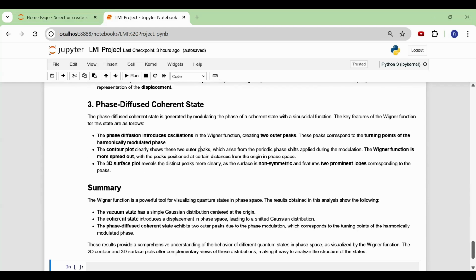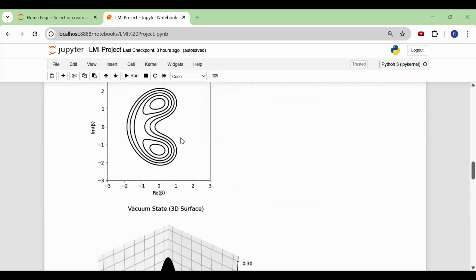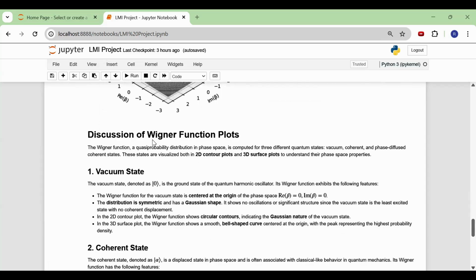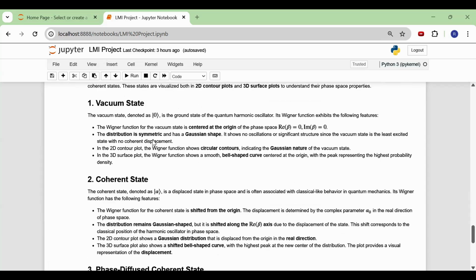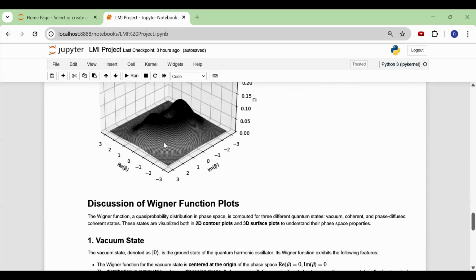The contour plot clearly shows two other peaks. You can see in 3D there are also two peaks, and these two peaks correspond to turning points.